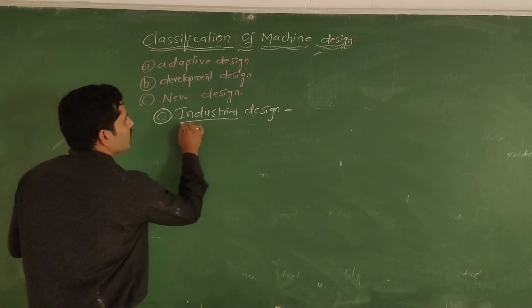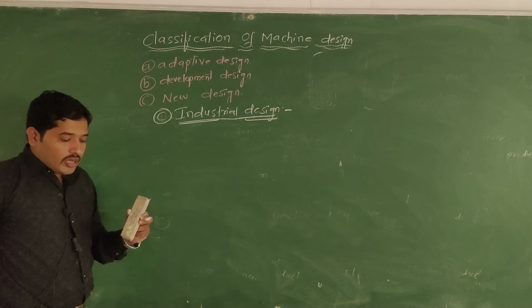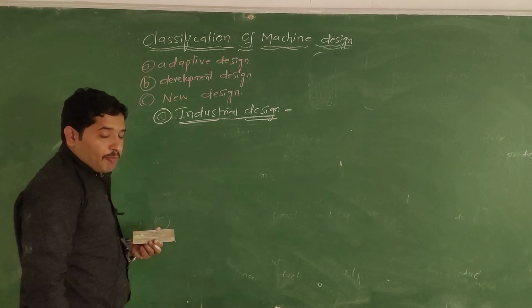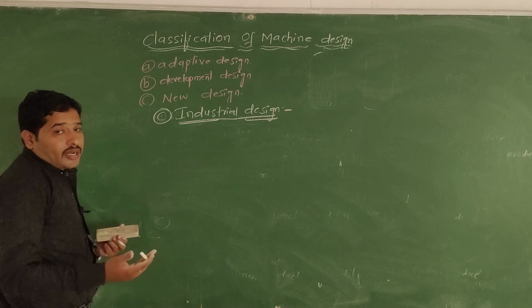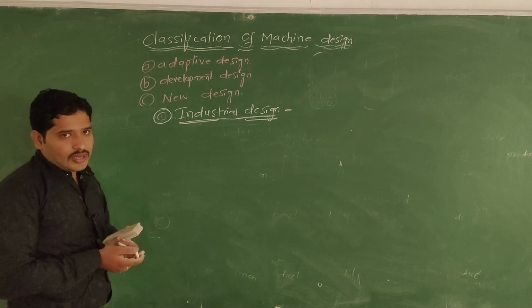Okay, dear, in the industrial design, what will happen? Let us see. This design depends upon the production aspect to manufacture any machine component, and we call it industrial design.